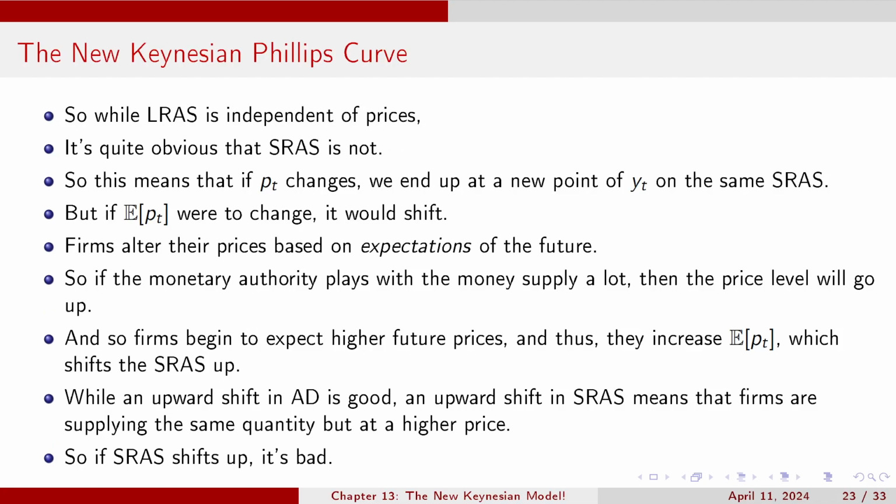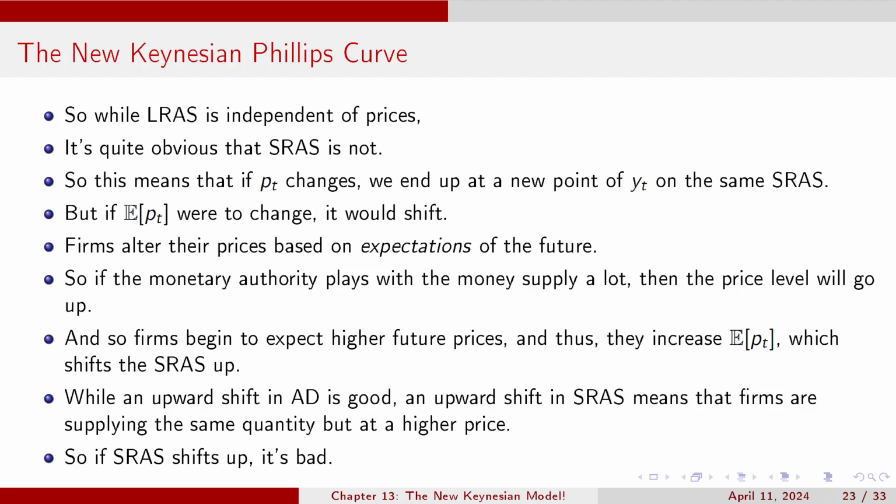Okay, enough about that. So long-run aggregate supply is independent of prices, and it's pretty obvious to us now that short-run aggregate supply isn't. So if the current price level changes, we're going to end up at a new point on the same short-run aggregate supply. Now, if the expected price level changes, then it shifts, and firms alter their prices based on expectations of the future.